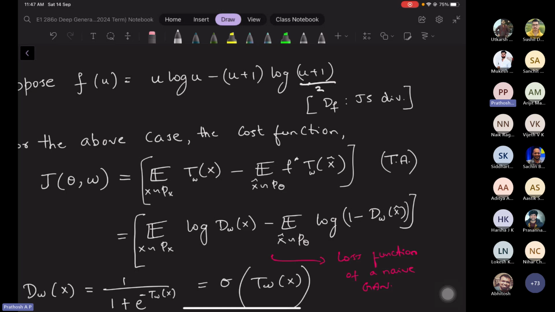It was from the domain of x to the domain of f star, right? So now if you choose a particular f function, you have to ensure that your t function has the output that obeys the domain of f star.